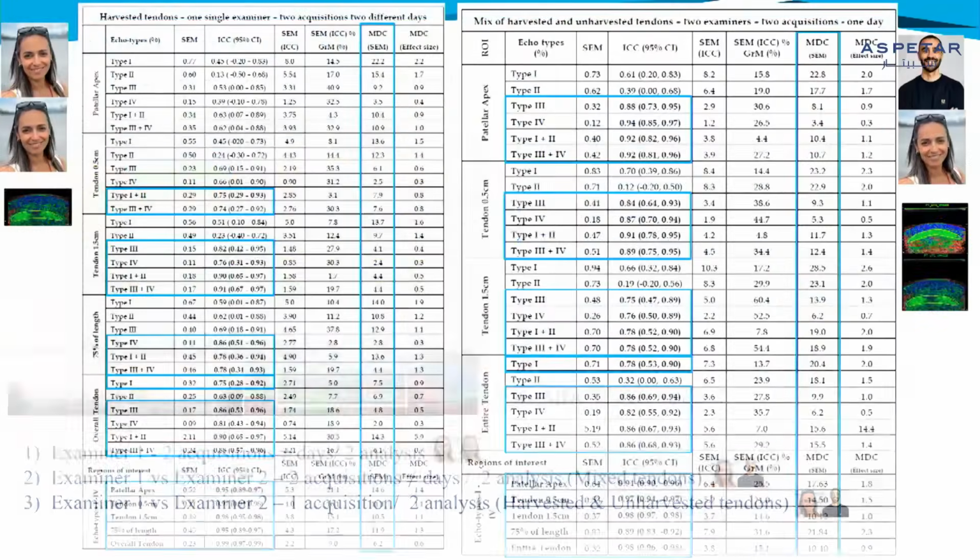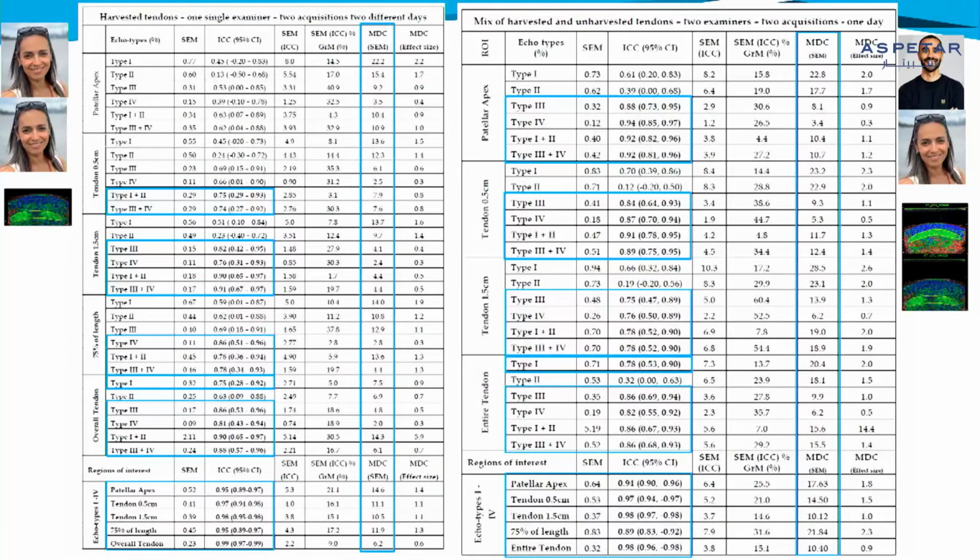I'm not going to bore you too much with tables because it's quite big. There were 6, 7 of them, but I brought just a few of them just to highlight that it is highly reliable. I was measuring at the apex, 0.5 centimeters down from the apex, 1.5, 75% of the tendon length, and then the overall tendon, considering the whole tendon, the proportion of echotypes.